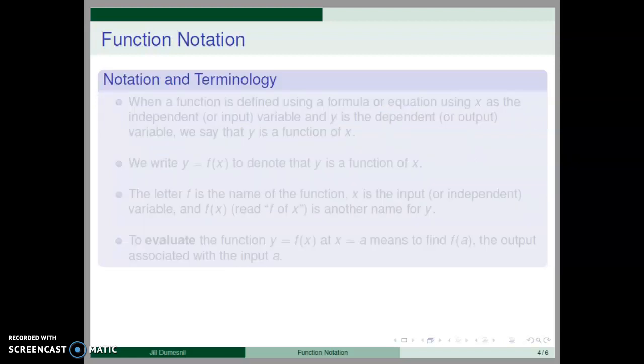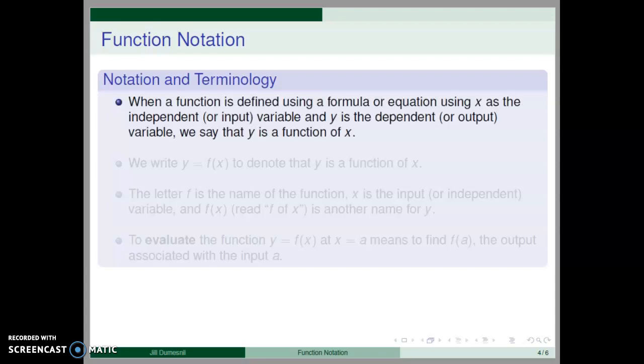Now we can proceed with an introduction of function notation and related terminology. When a function is defined using a formula or equation using x as the independent or input variable and y as the dependent or output variable, we say that y is a function of x.